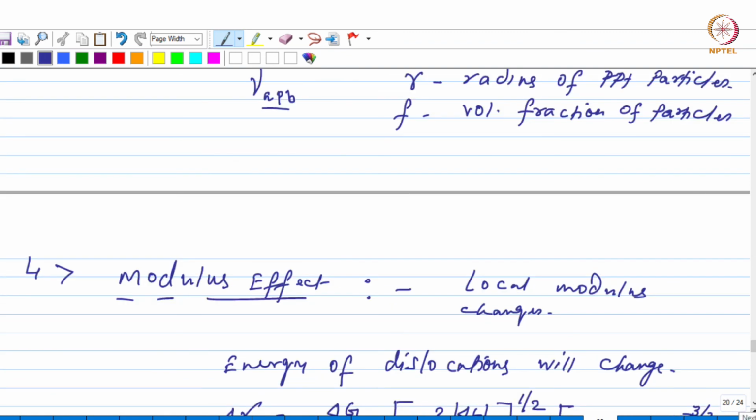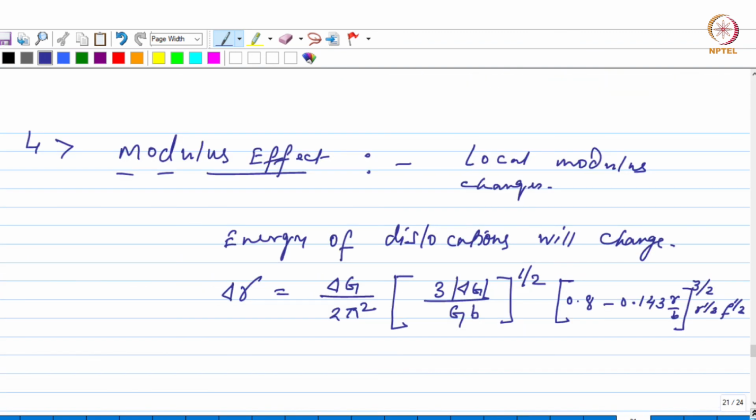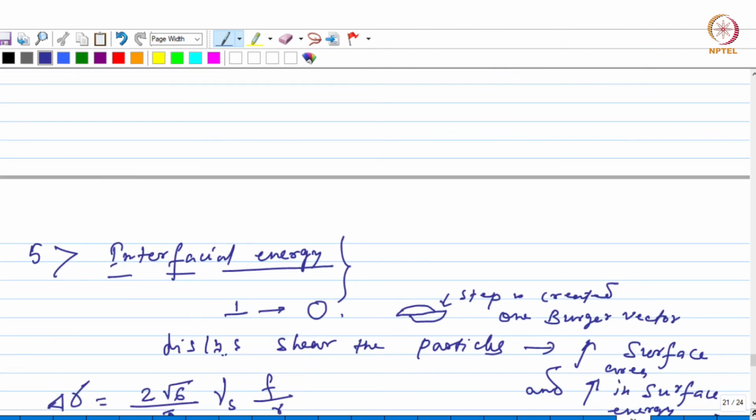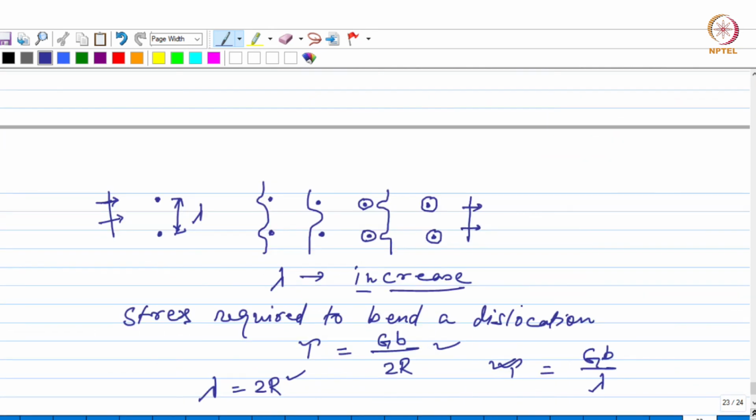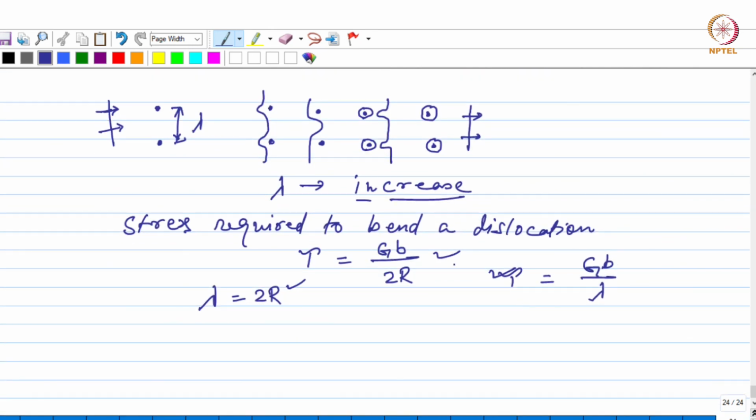And we have seen that in that case, the dislocations will try and bend around the precipitate particles and try to bypass them. And as they do it, dislocation loops are left behind the particles, and this is a mechanism which is known as the Orowan strengthening mechanism or Orowan mechanism.